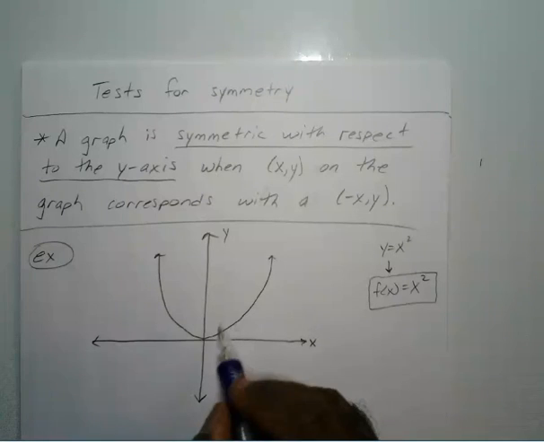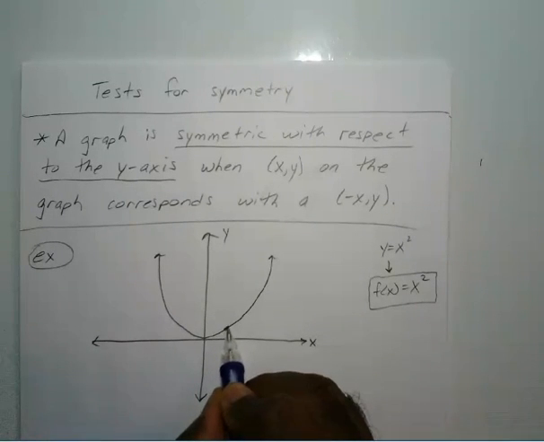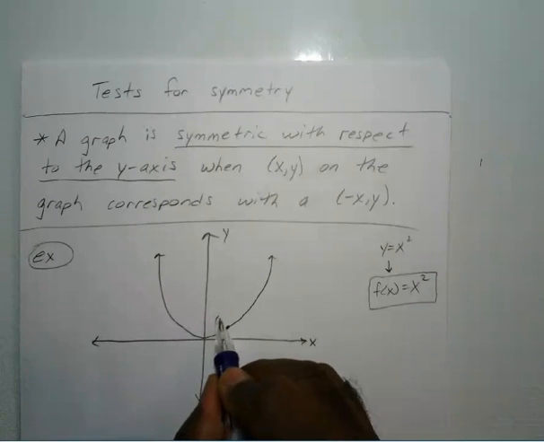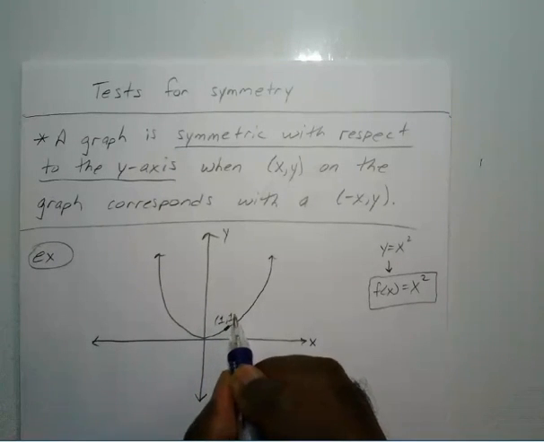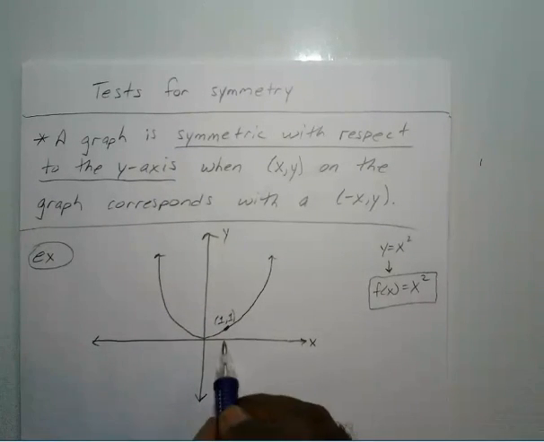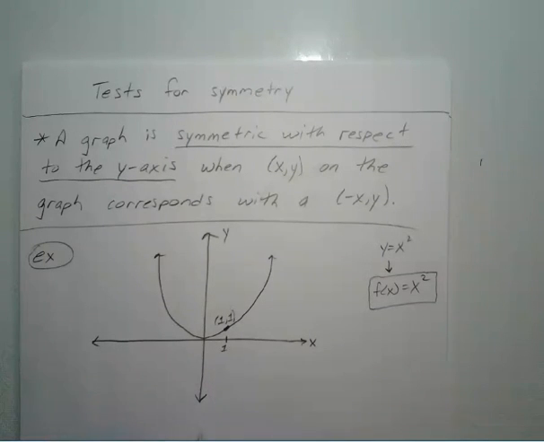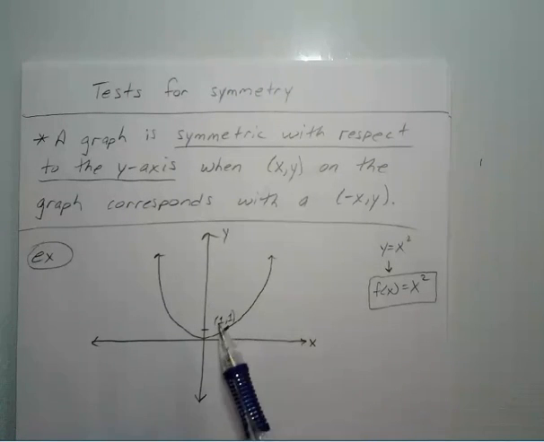Let's say here that this, just for the sake of argument, is the point 1 comma 1. That shows x equals 1 and y equals 1. That's your x comma y.